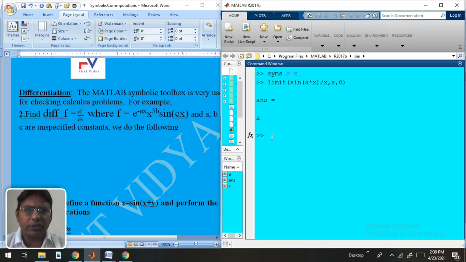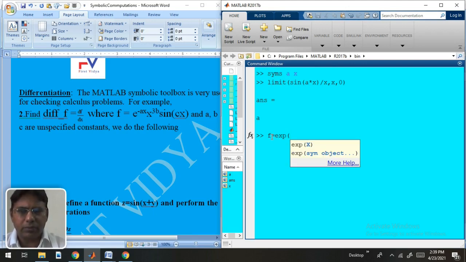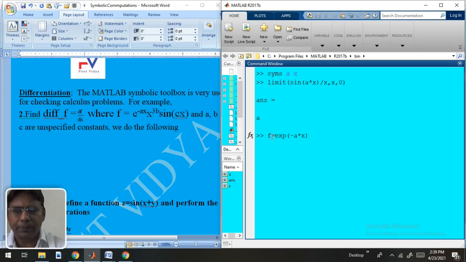So let's write the first function f equal to e to the power, here exponential minus a into x, then multiplied by x to the power 3 into b.